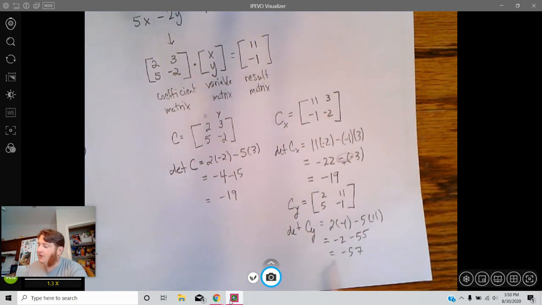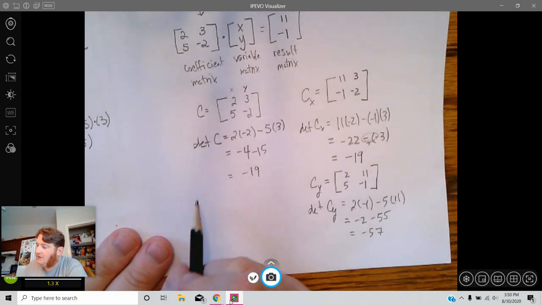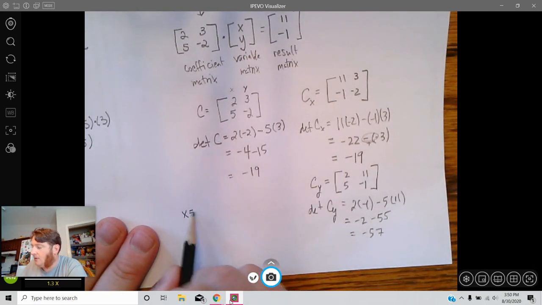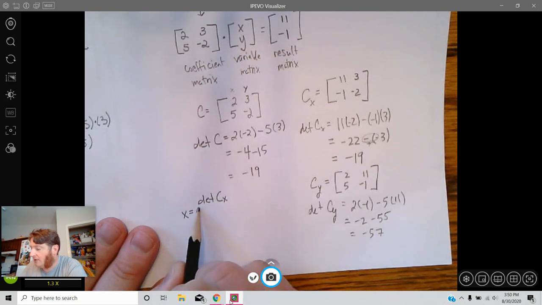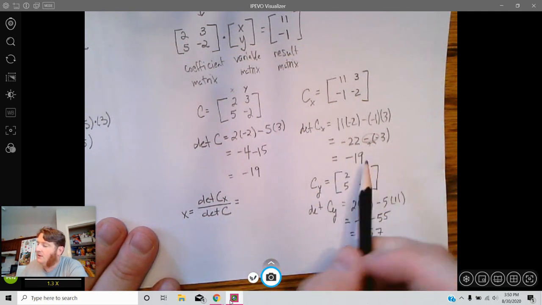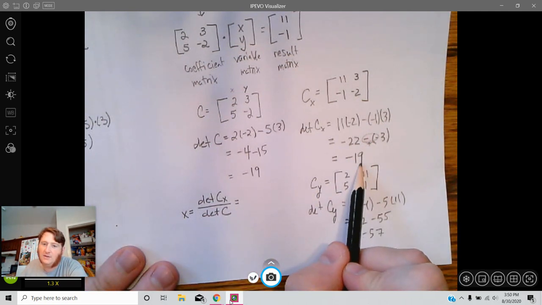And then it turns out that these numbers will actually let us find the values of X and Y. It turns out that X is going to be equal to the determinant of C subscript X divided by the determinant of C. C subscript X determinant was -19.